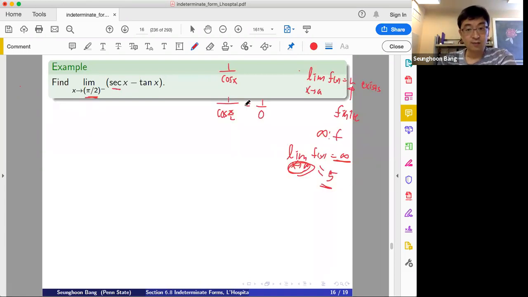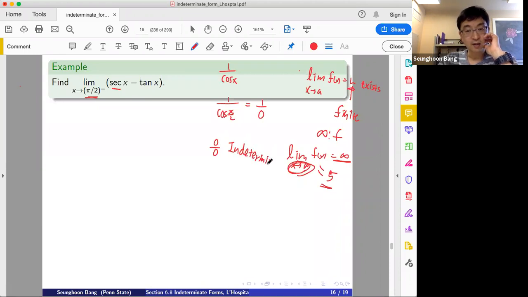So anyway, here, the 1 over 0 form. In this case, it's like an indeterminate form. What is an indeterminate form? We have the 0 over 0 form, which is an indeterminate form.